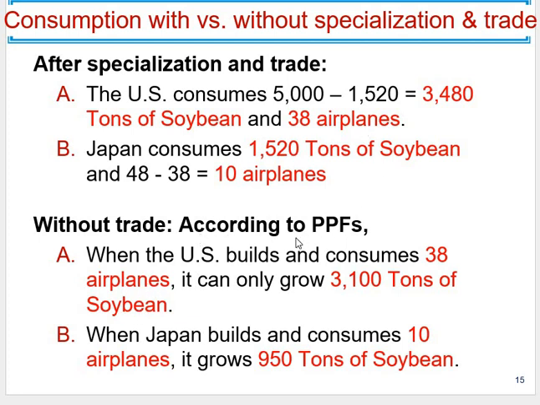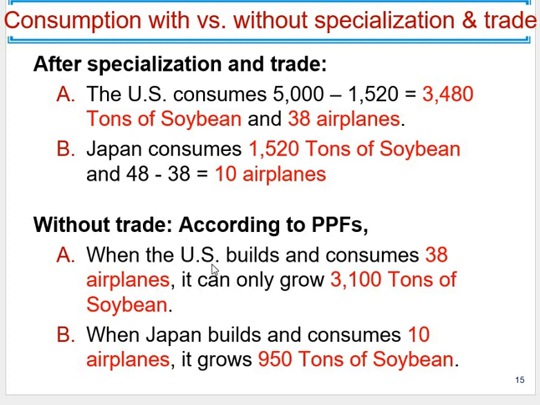Okay, now recall from the very beginning of this lecture, the PPF, we can actually denote or find out the bundle for the US and for Japan, right? When the US produces 38 airplanes, it can only grow 3,100 tons of soybeans by itself. We call it an autarky economy, an autarky, when the economy produces and consumes.